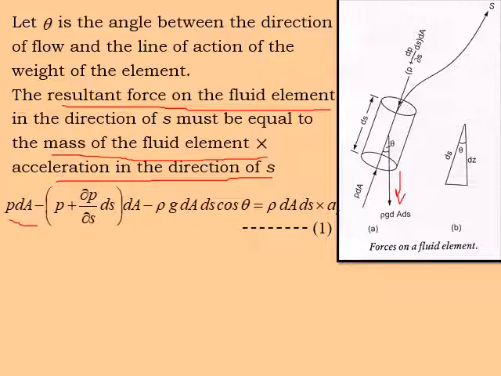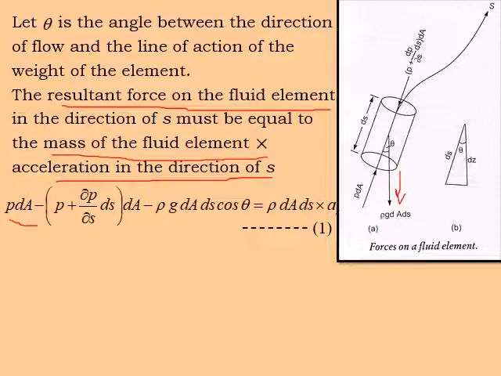Here it is a negative sign because that pressure force is acting opposite to the direction of the fluid flow. Then minus the weight component, rho g dA dS cos theta.